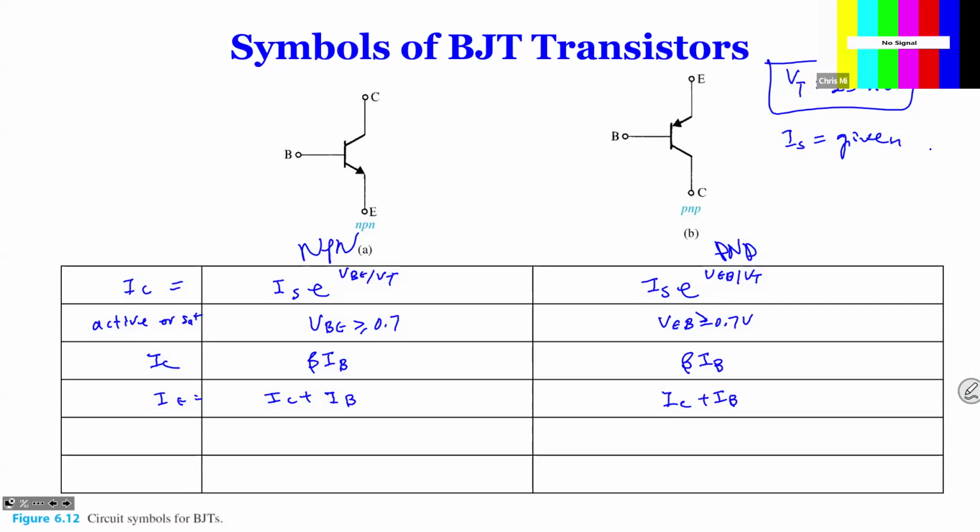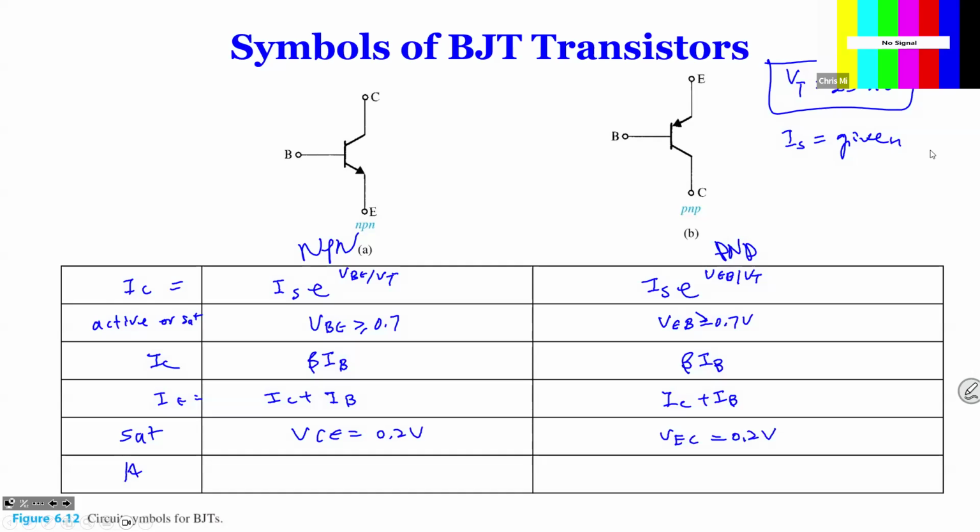Of course, there's alpha as well. We're not going to write too much of that. But I also wanted to write, in saturation mode, VCE equal to 0.2 volts. VEC equal to 0.2 volts.